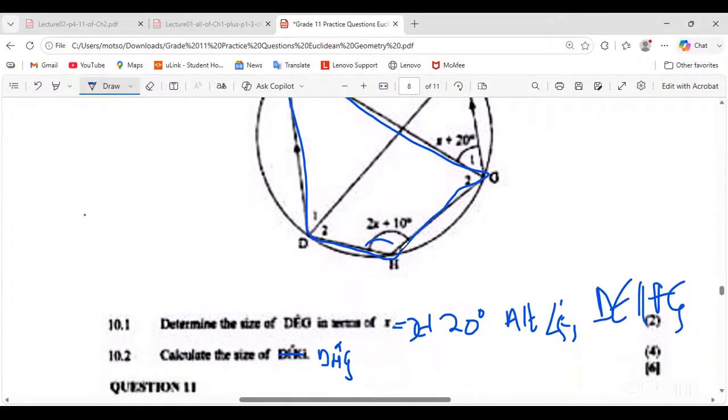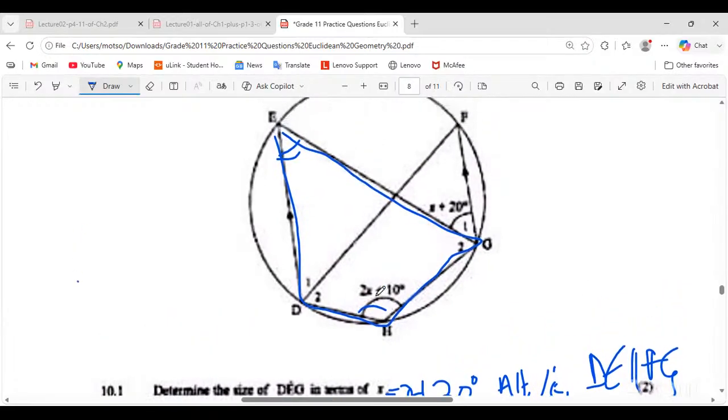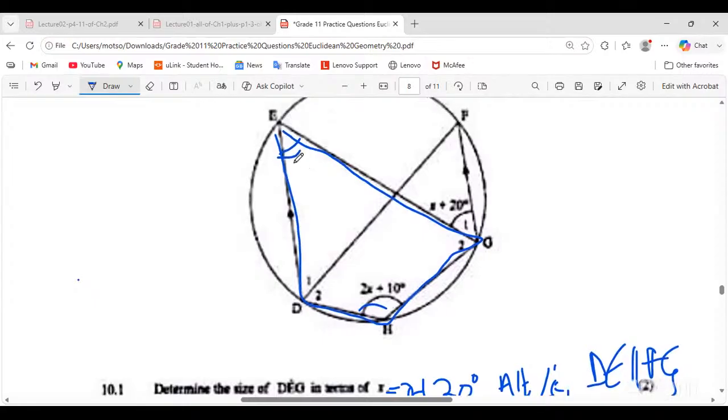Meaning we first need to calculate the value of x. And then we're going to substitute it here and simplify this thing. Now, remember we had that angle as x plus 20 degrees. So now what are we going to do?